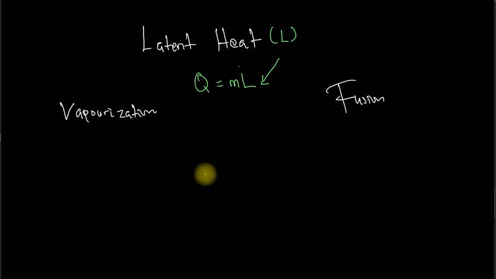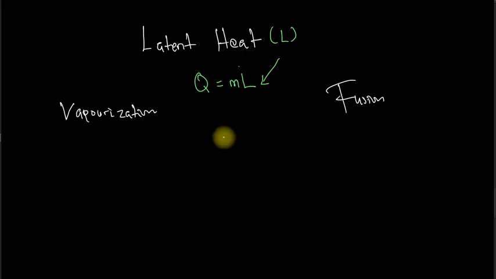Latent heat is usually energy lost, so yes, lost or gained. Conversion from vapor to liquid, yes, you can make use of latent heat. So the amount of energy gained or lost during change of state is called latent heat.